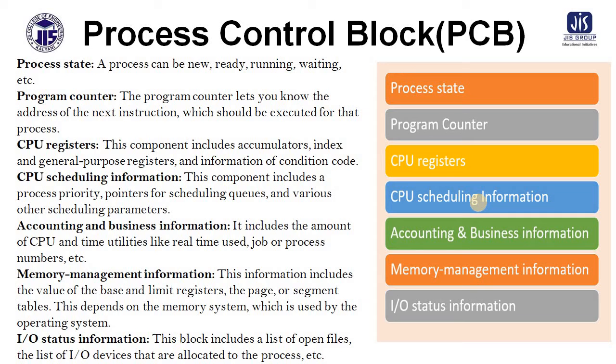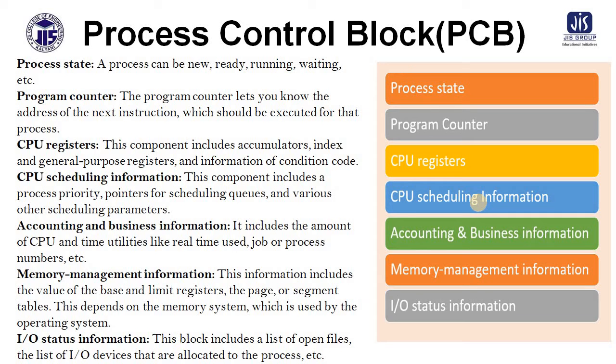This component includes the process priority, pointers for scheduling queues, and various other scheduling parameters. Accounting information includes the amount of CPU time used, real-time use, job or process numbers, etc. Next is the memory management information. This information includes the value of the base register, limit register, and page or segment table.